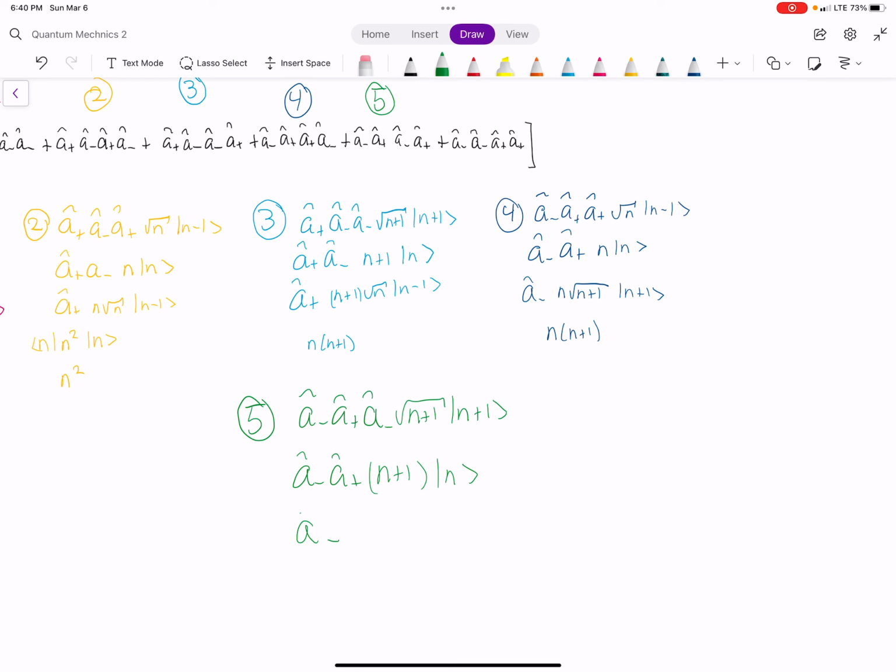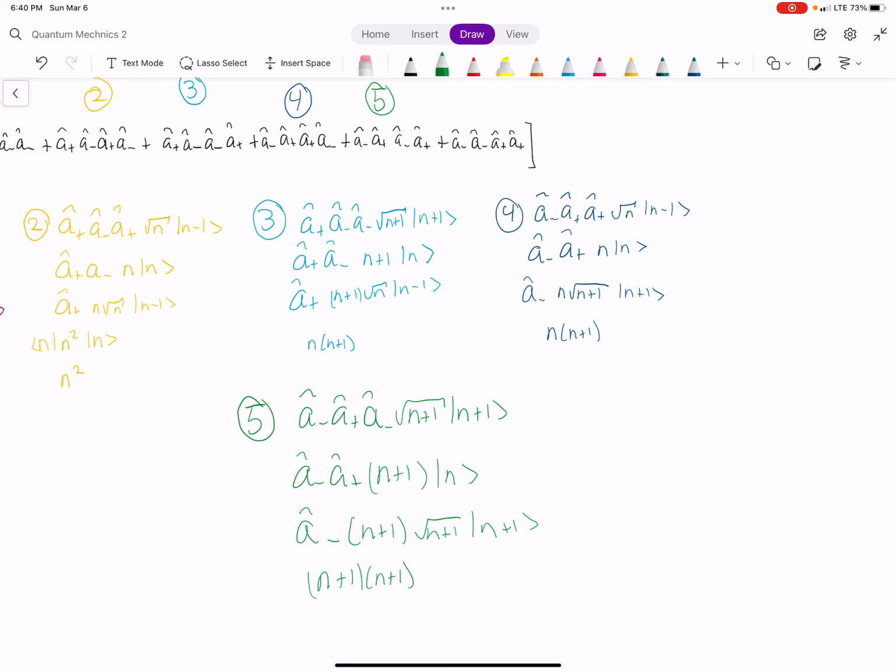So a minus n plus 1, square root of n plus 1. You can see there's never n plus 1 at the end of the day. We're just left with the state n. So we get n plus 1 times n plus 1.